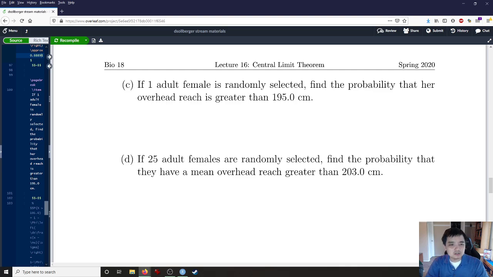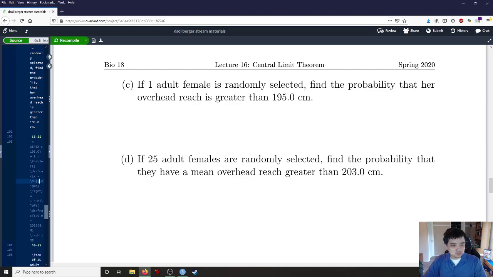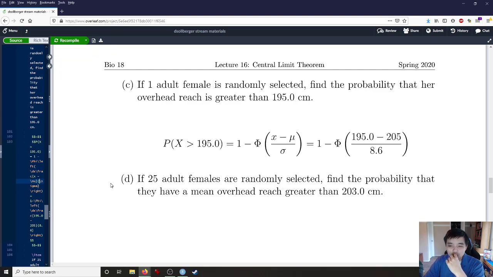In part C, I'm asking if one adult female is randomly selected, find the probability that her overhead reach is greater than 195 centimeters. So this time around, setting x greater than 195.